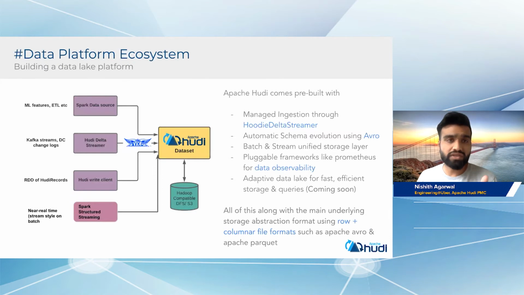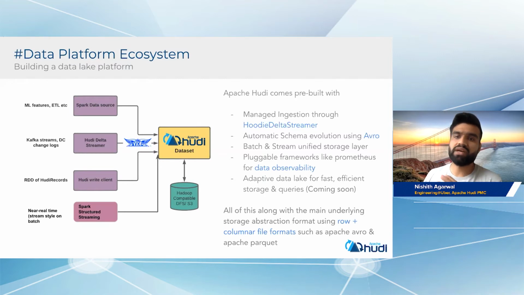So an ecosystem that you would use to build your data platform could look like this, where Apache Hoodie comes pre-built with a managed ingestion framework called the Hoodie DeltaStreamer. Hoodie plugs into different kinds of schema evolution registries, and you can use Avro for that.